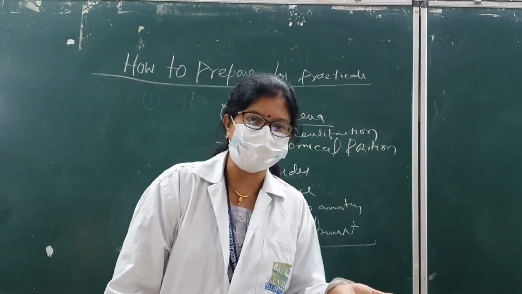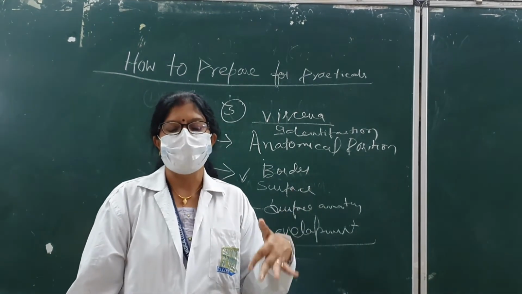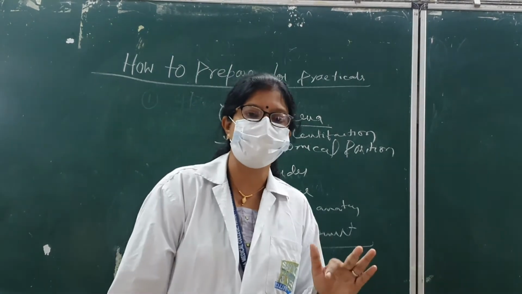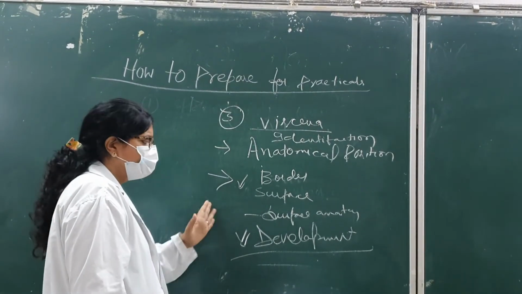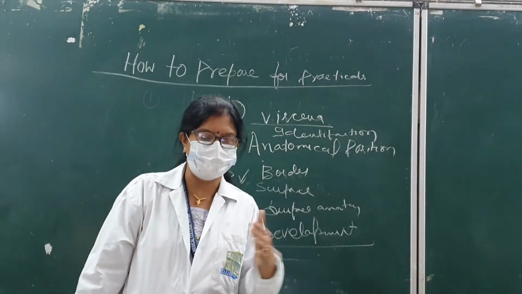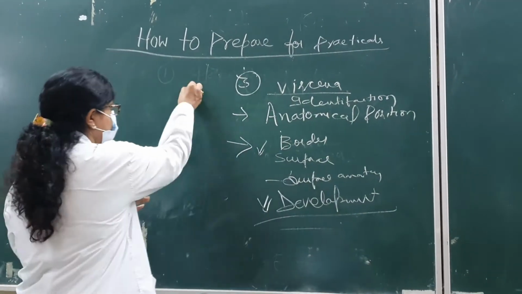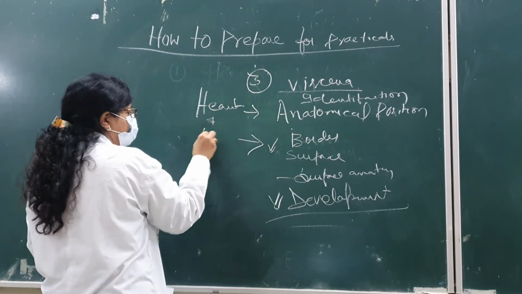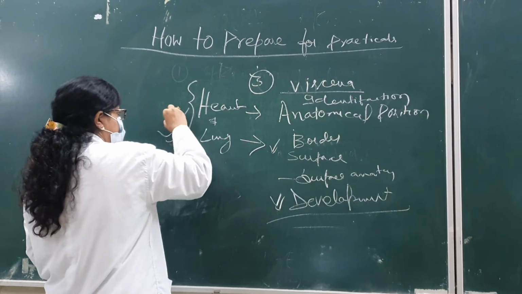Like how the liver is developed from the hepatic bud, gallbladder from the cystic bud, then rotation of gut. All these topics are very important, which you are supposed to know. Almost all the viscera which we have studied, you have to study everything, but heart and lung, you are not supposed to leave. Heart and lung, very important.